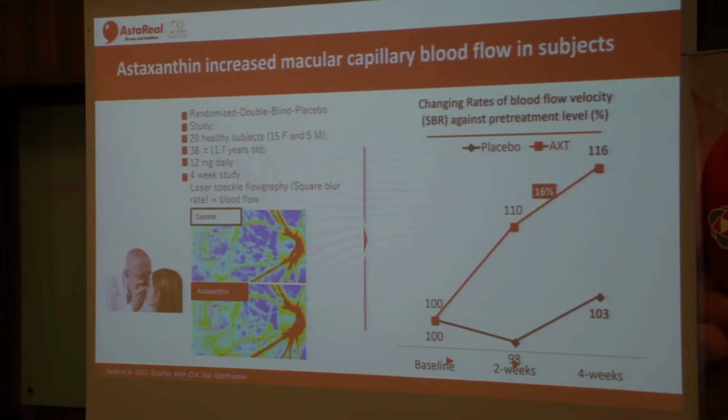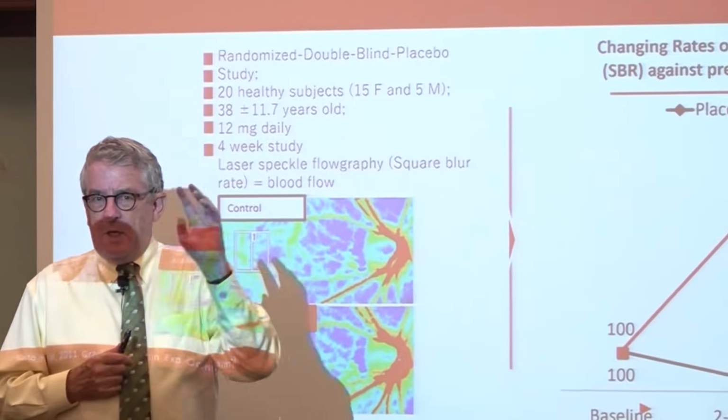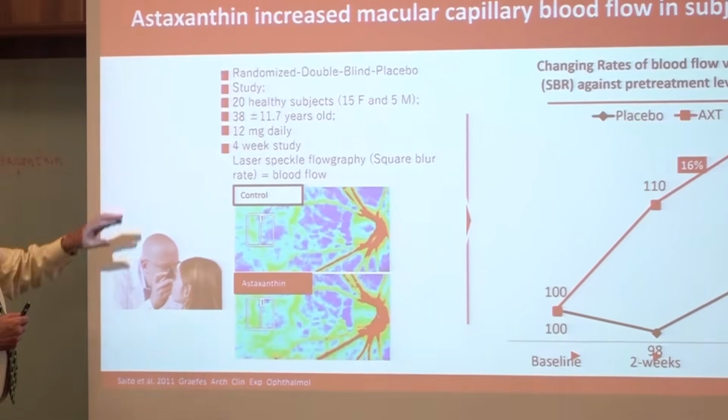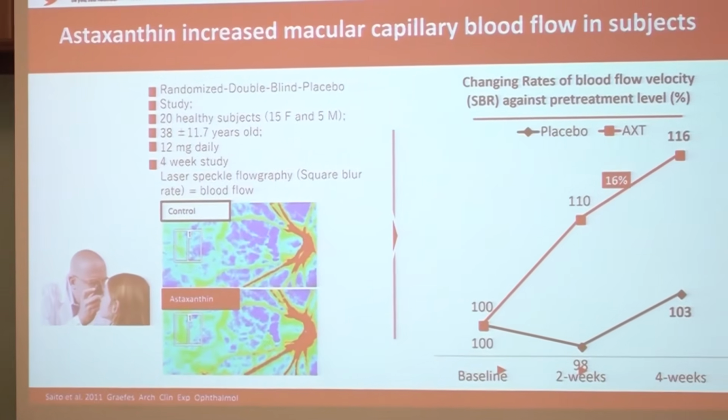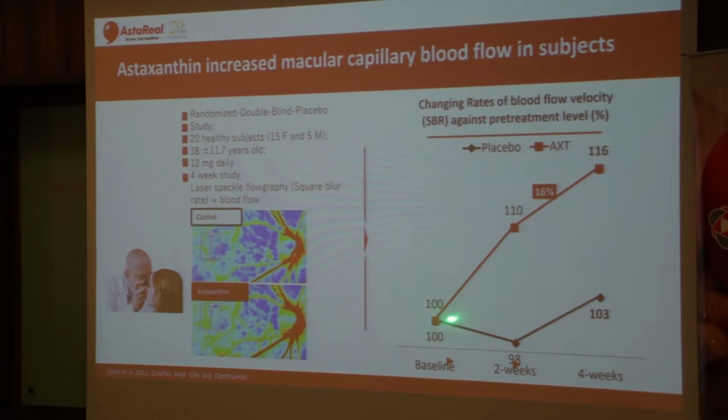Blood rheology. We have 2 slides, 2 studies that Astaril has done, and again, these are all Astaril studies on their ingredient. And so here we're looking at macular capillary blood flow, increased with astaxanthin 16%, no effect really in the placebo.